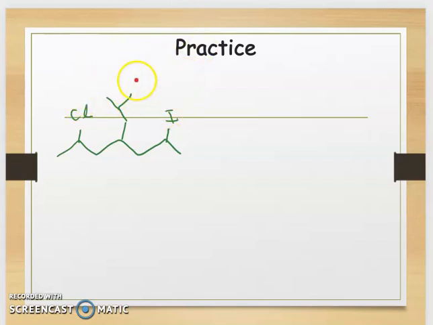So when you have some case like this, you're going to consider the element with higher or larger atomic mass. Okay, so atomic mass, higher atomic mass. So in that case, iodine has a higher atomic mass compared to chlorine, so you're gonna start from the terminal closer to iodine.